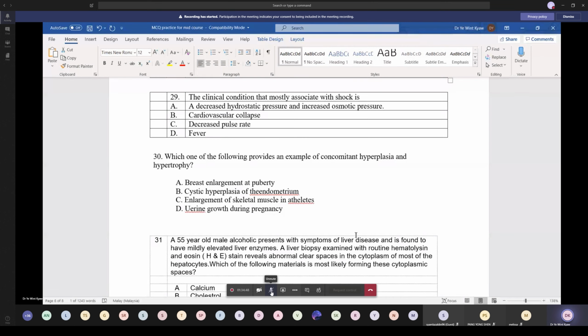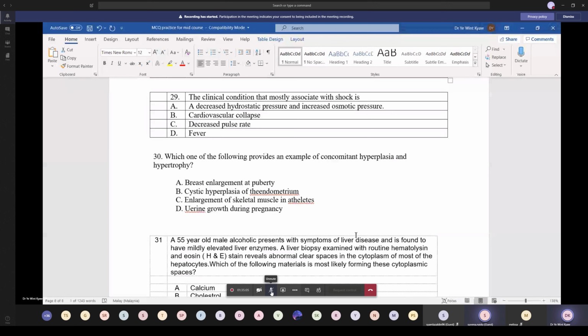You need to choose the most associated. Shock, what is shock? You should know the definition of shock, and you can answer this only. It's C, decreased pulse rate.